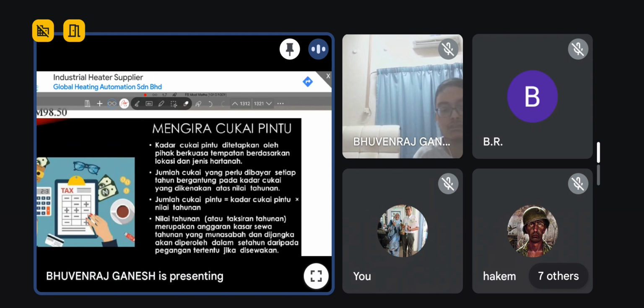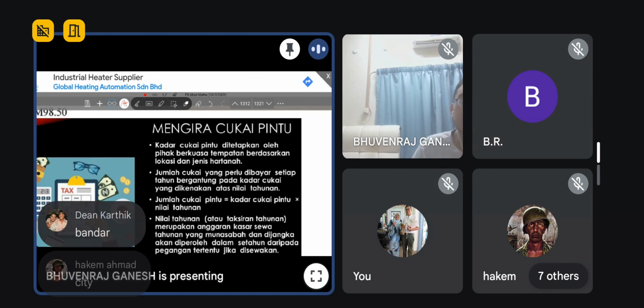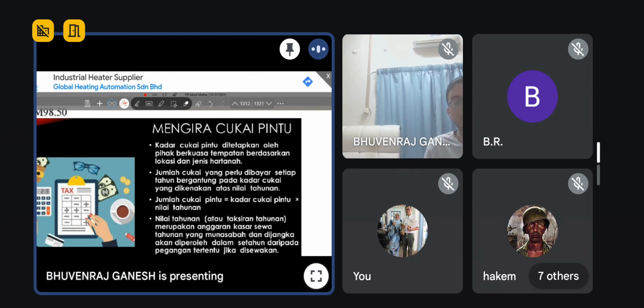Which one must pay more tax? Tell me. Mana kena bayar lebih cukai? Of course, bandar lah. Okay, so that is the answer lah. As simple as that. It is based on your location. Okay, location to your kemudahan asas, your public transport, public facilities, all of that. So it depends on that.